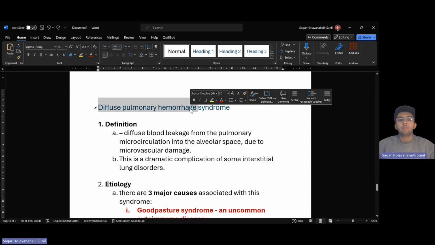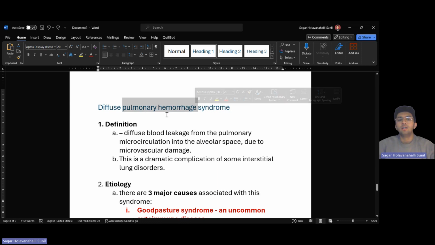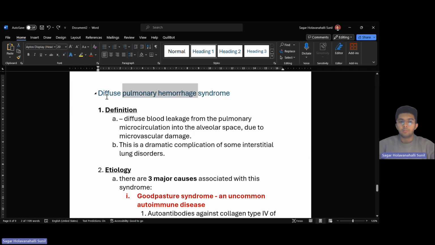And for diffuse pulmonary hemorrhage, just remember if it's pulmonary hemorrhage, it has to do something with vasculature. If you know it's going to be diffuse hemorrhage, it's going to do something with the wall of the blood vessels. It means that the walls are damaged.